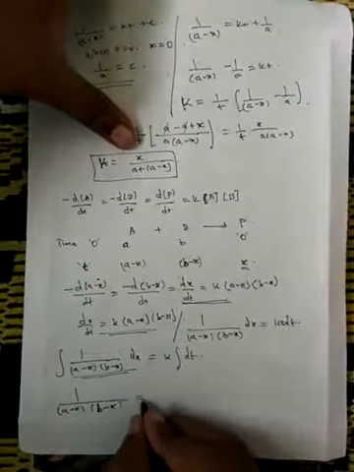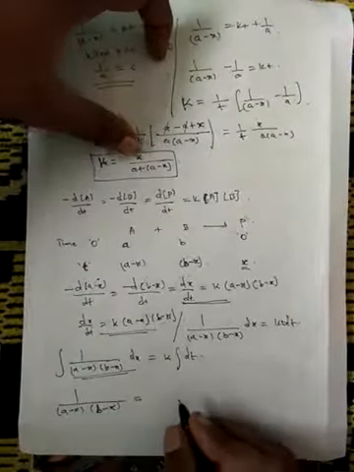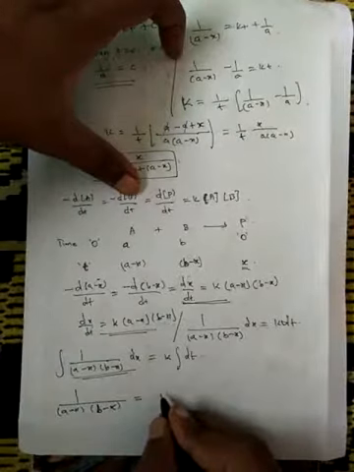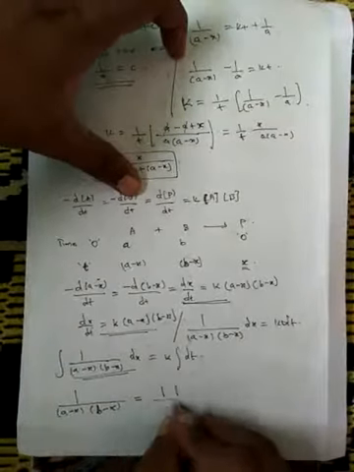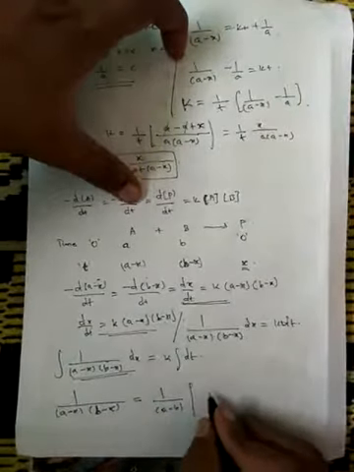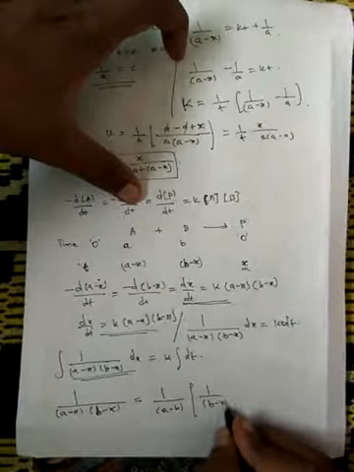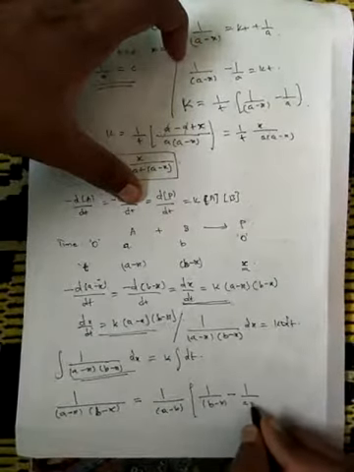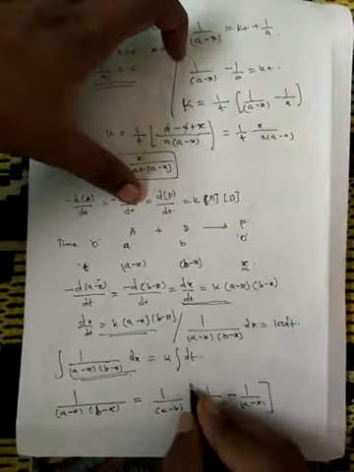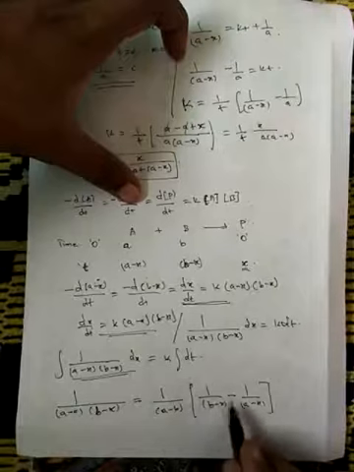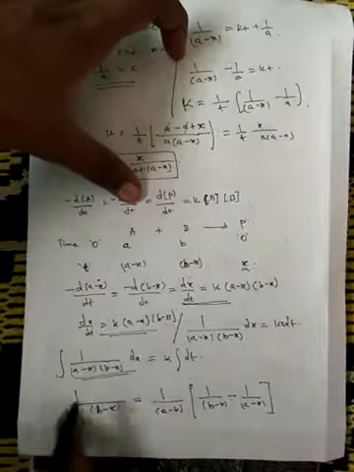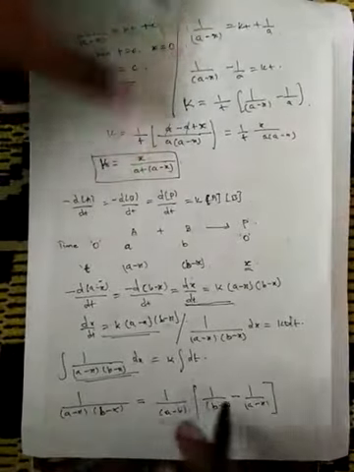You learned it in applied mathematics, that this equation is split into partial fractions. So if you split, this can be written as 1 by (a minus b) times [1 by (b minus x) minus 1 by (a minus x)]. Okay, you just cross multiply it. You take the LCM and you multiply, you will get back this equation. Just do it by yourself.